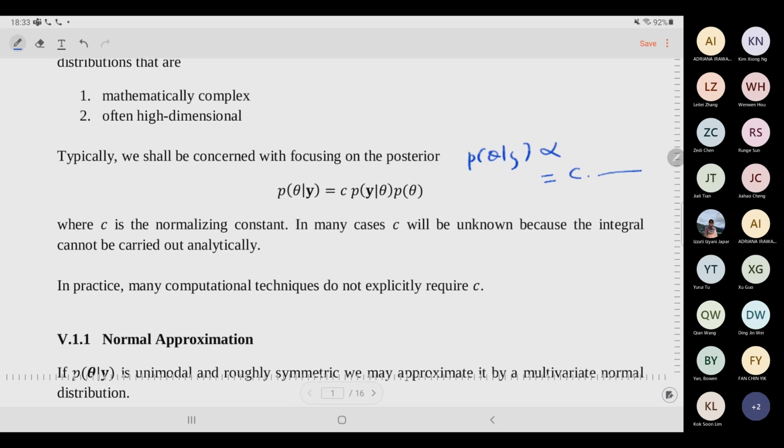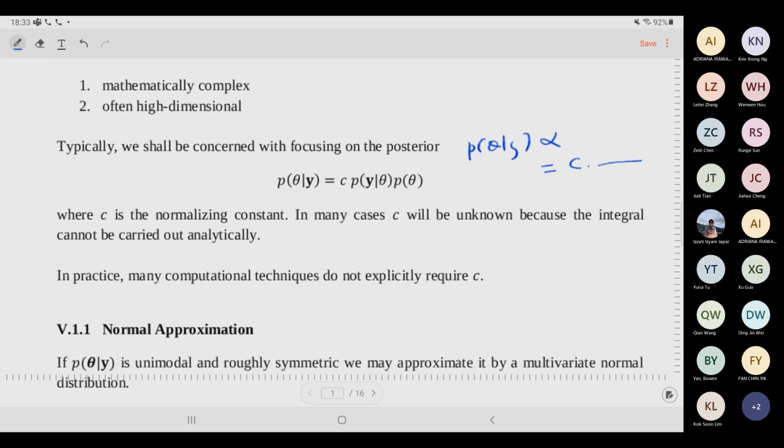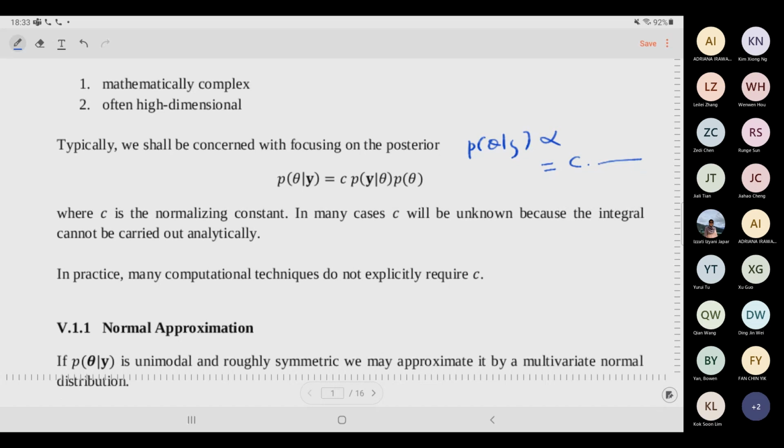So when you choose your method, usually the advantage is you don't need to know your C. Even though you know your density only up to some unknown constant, you don't need to know the constant.